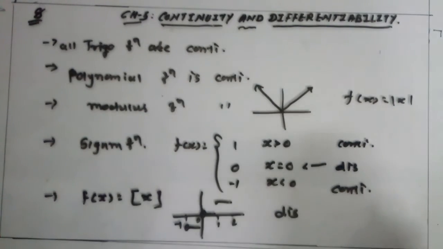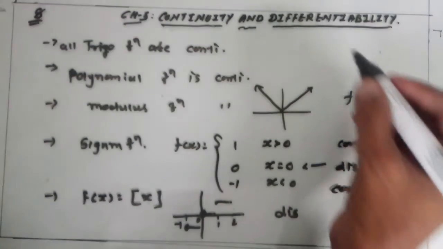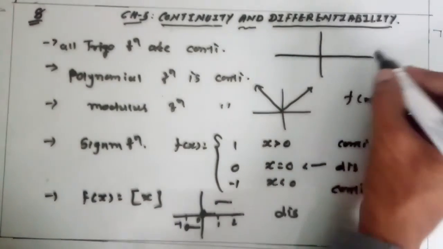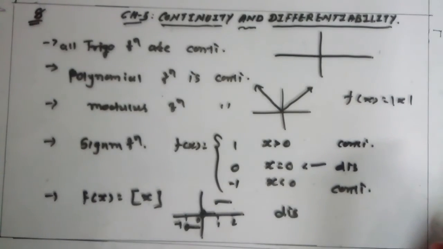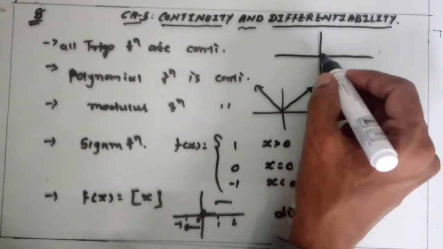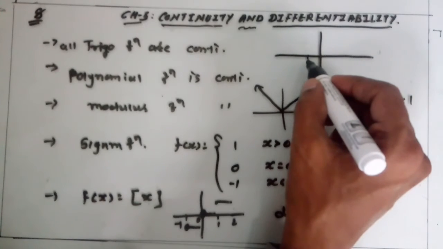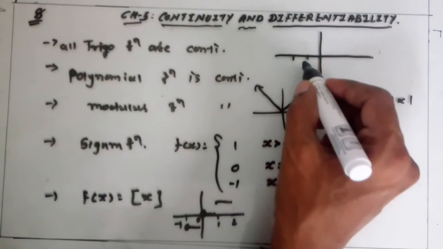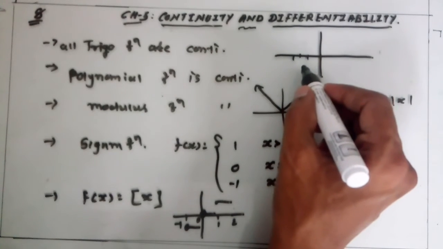Secondly, remember this, if we sketch the graph of any function and get the graph without lifting the pen, then this function is said to be continuous. Like the graph of the cos function: at pi by 2 it becomes 0, at 3 pi by 2 it becomes 0, at pi it becomes minus 1.